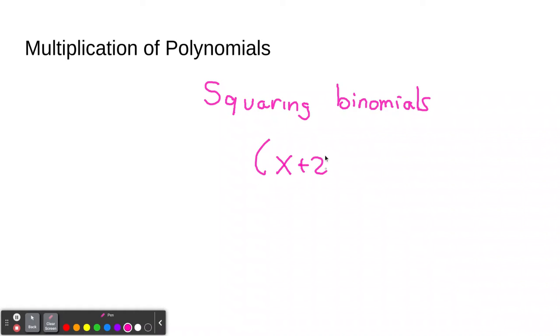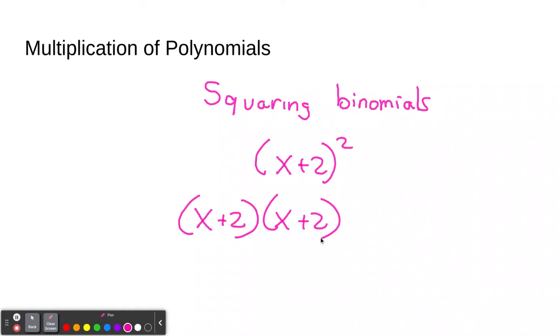There we go. Now, what if you had squaring? You're going to hear this term, squaring binomials. So if you saw this, you go, what is that? Well, all that means is this. It just means x plus 2 times x plus 2. That's all it means.